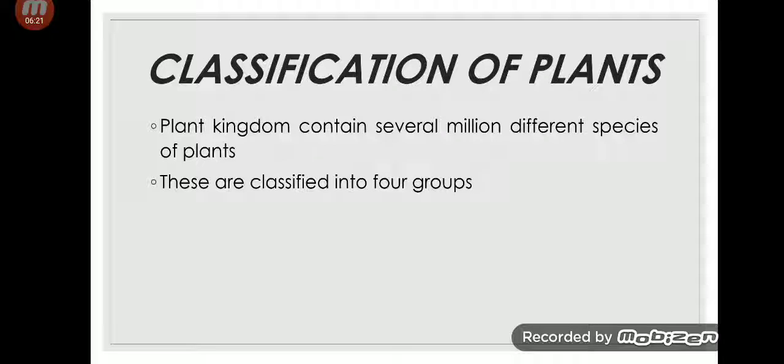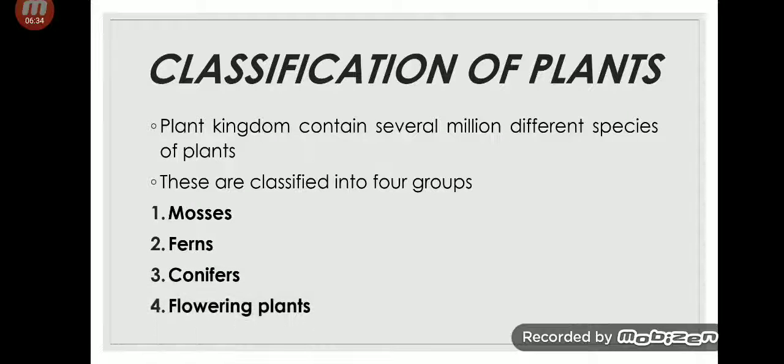All the plants are classified into four groups: mosses, ferns, conifers and flowering plants. So if I show you any plant, it will belong to one of these four groups.